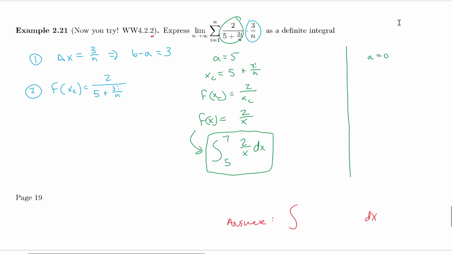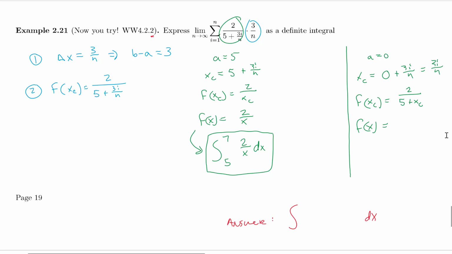If we had a being 0, that would tell us that our x sub i is equal to 0 plus 3i over n. And then our function f of x sub i is going to be 2 over 5 plus x sub i, because this is just 3i over n. We'll be substituting for 3i over n there, and we'll have that 5 left over.